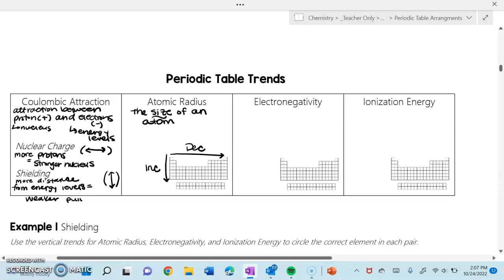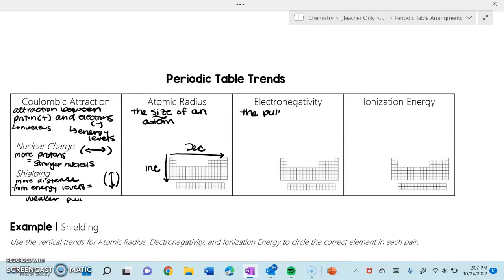The next two properties we're going to discuss, electronegativity and ionization energy, are very similar, but kind of worded oppositely of one another. So the electronegativity of an atom refers to its pulling power on the electrons.